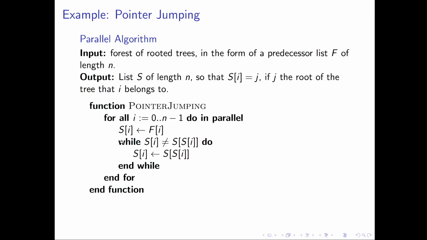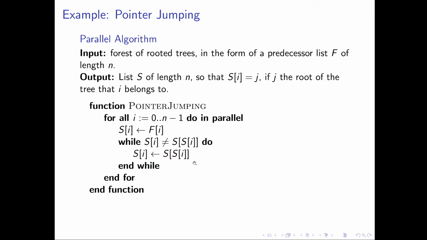And we would do that iteratively, and by that we would basically climb up the tree until we were at the root. And when we are at the root, we can find that out easily, because when we're at the root, then the predecessor of the predecessor is also the predecessor. And that is our stopping criterion, and then we know that we can end the iteration. And until we are there, we just assign the predecessor of the predecessor.